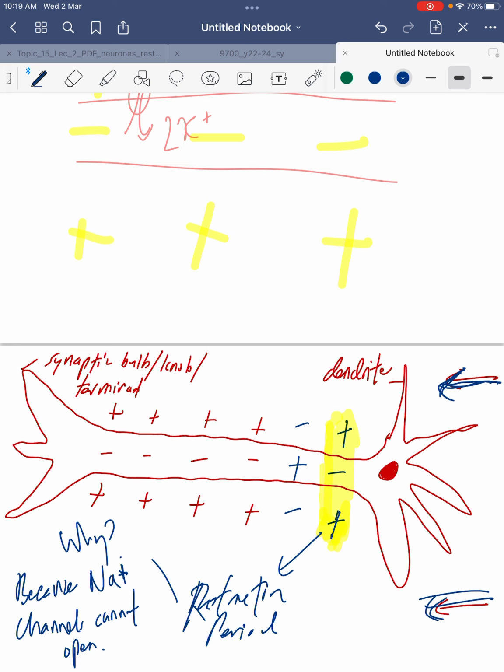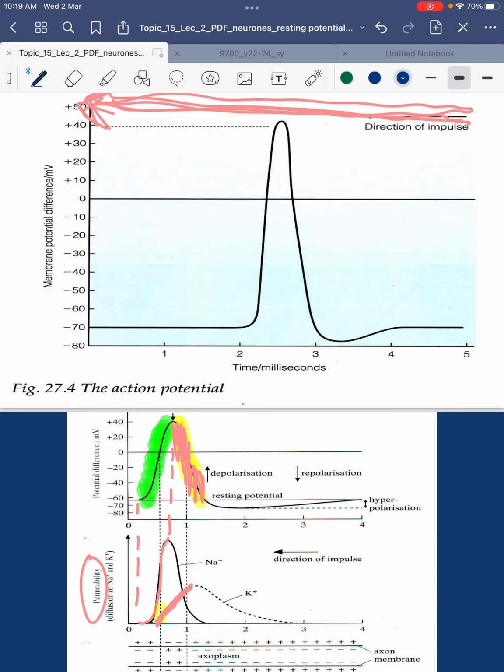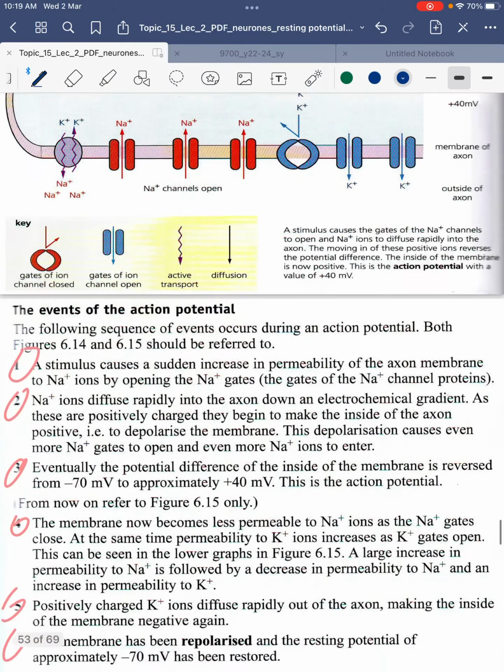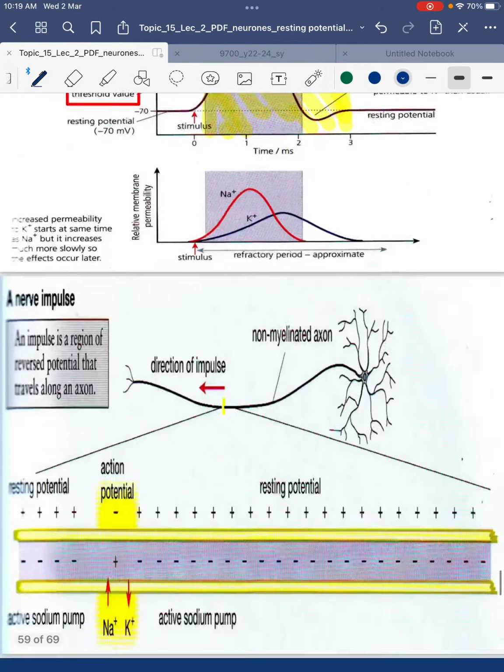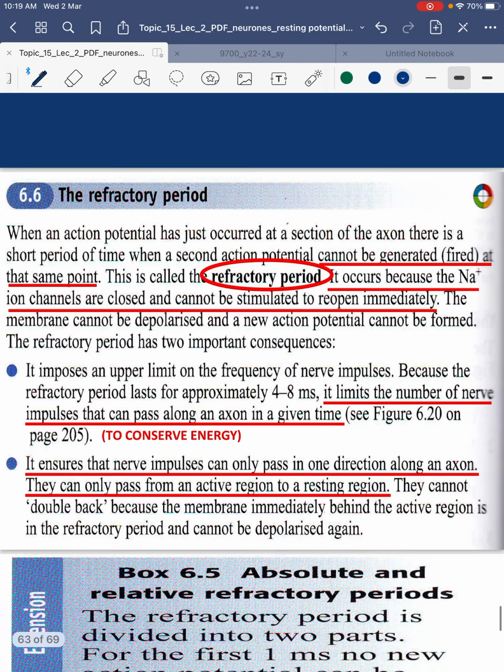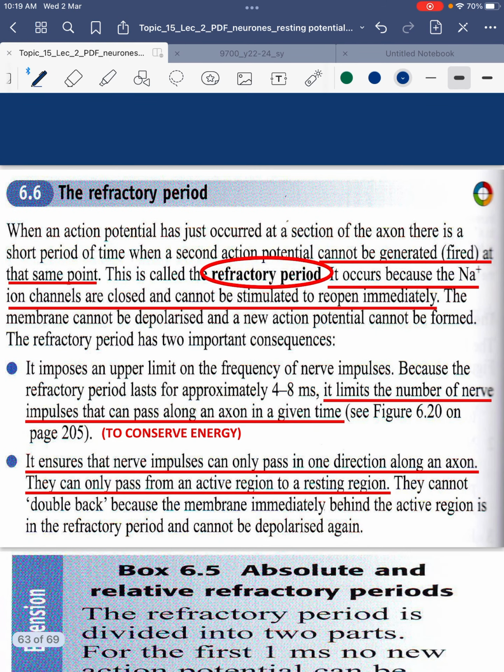Sodium channels cannot open because they are still recovering. They are trying to reset. They are still in the process of resetting. So if we look at the previous slide, what it says here in the refractory period: because sodium channels are closed and cannot be stimulated to open immediately.